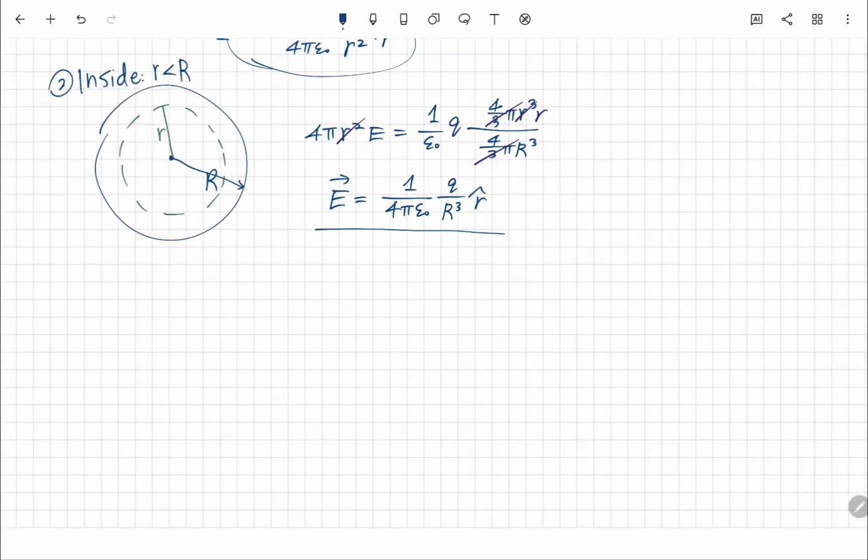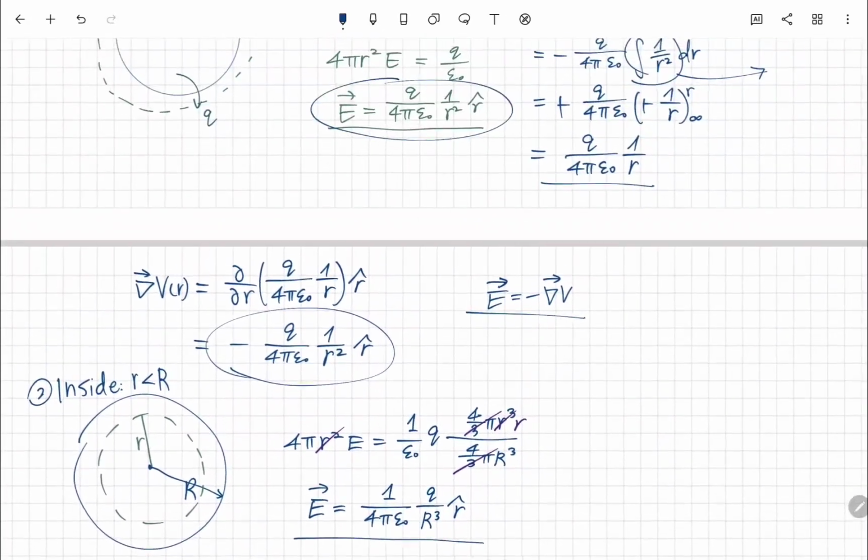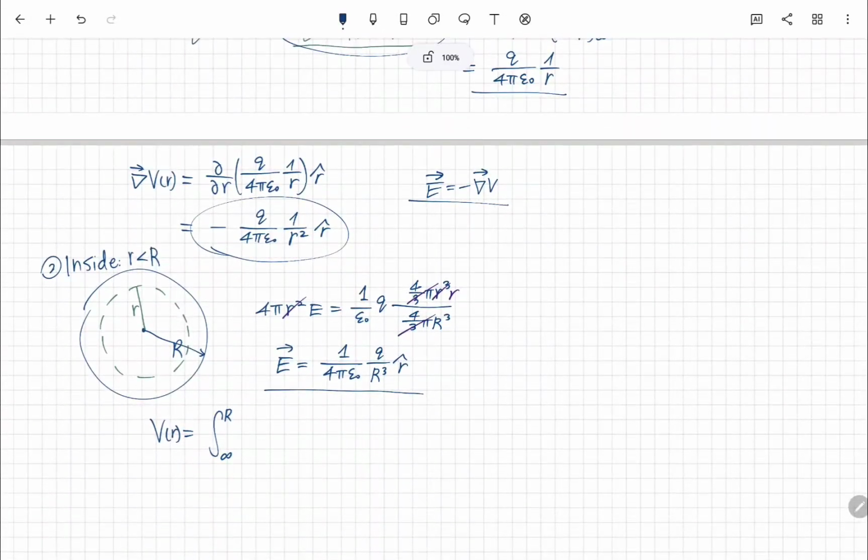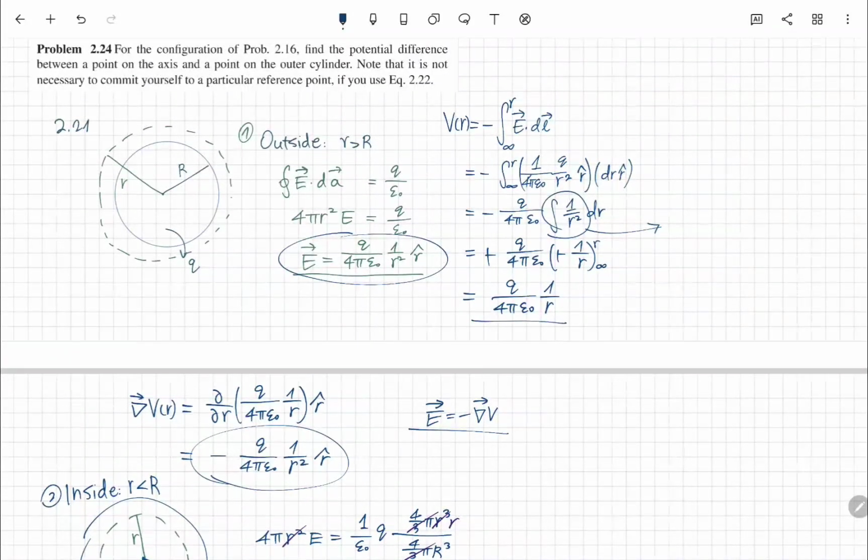So we'll have to separate the regions where the electric field is different. So V of r is first from infinity to big R, and its electric field is what we've done in the first case. What is it?